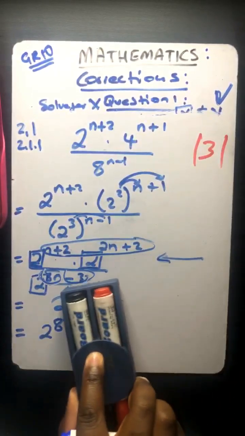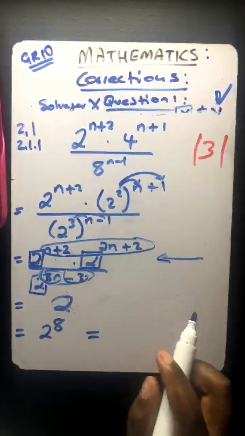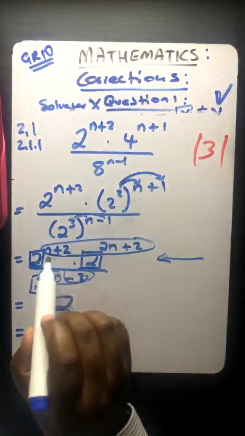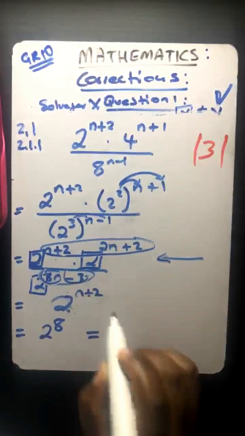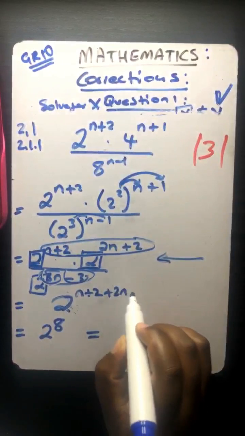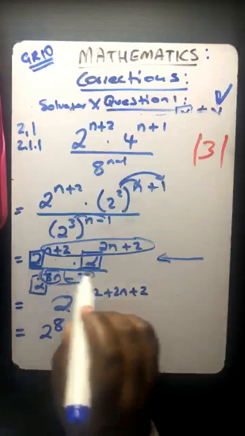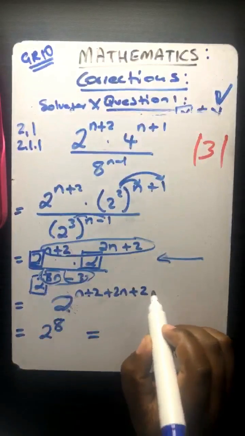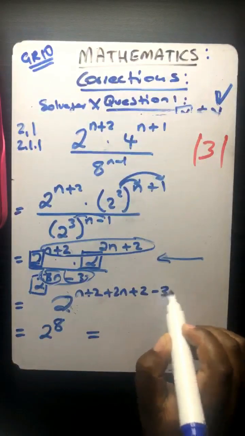Maybe can you allow me to erase all of that and make sure I'm doing it right. So now you say n plus 2, being that 2 plus 2n plus that 2 there. Then you write those with their opposite sign. So you have negative 3n.